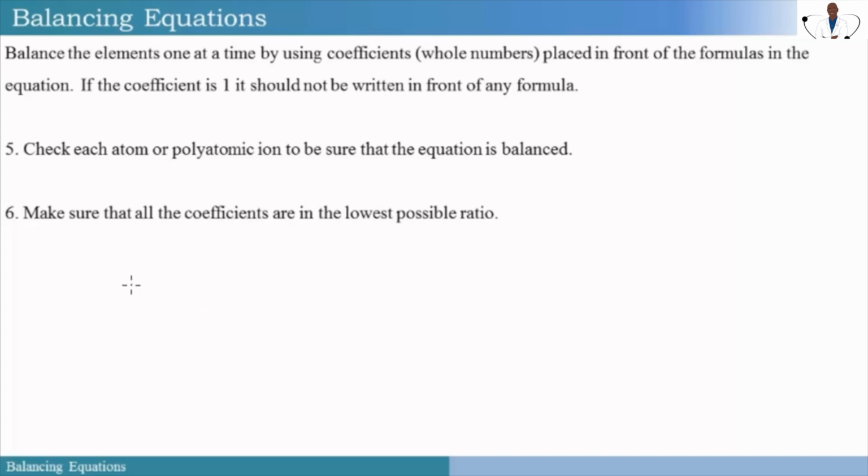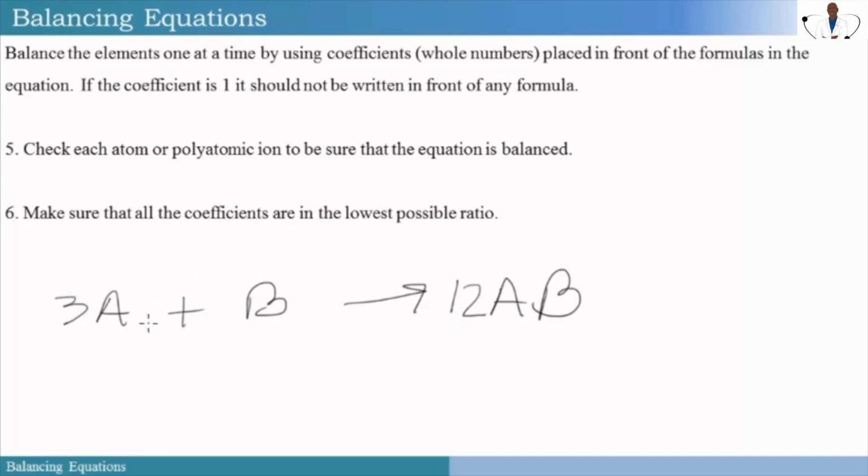So we would not have, for example, A plus B to produce AB, and have, let's say, 12 here, 3 here, and 4 here.